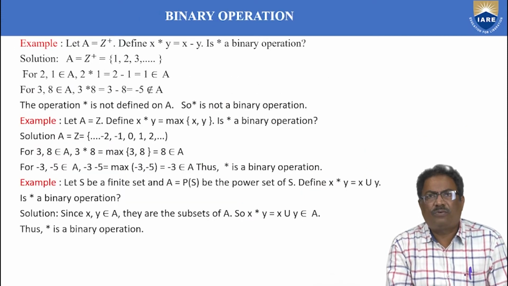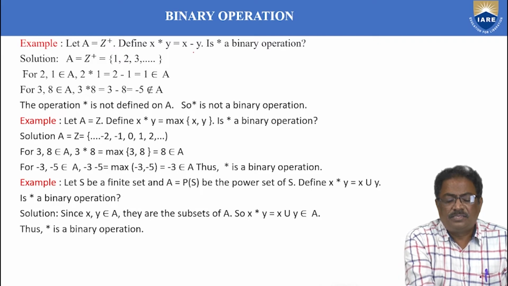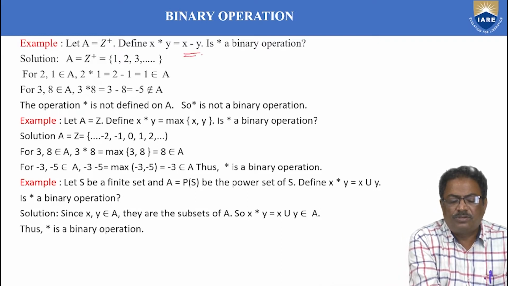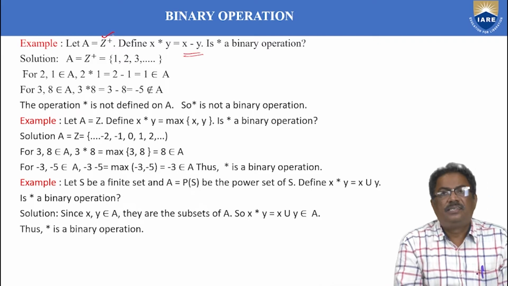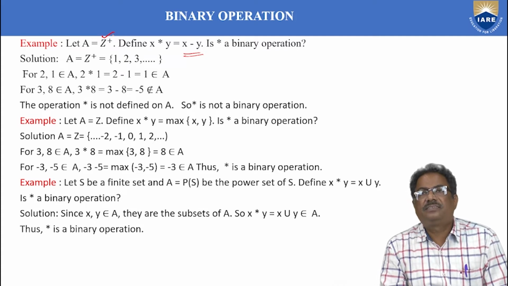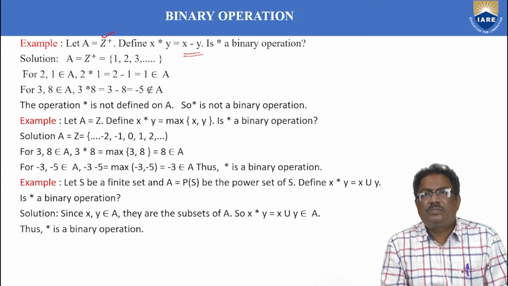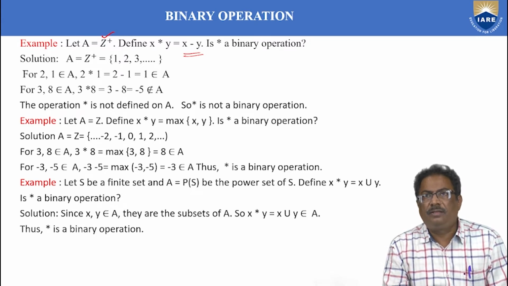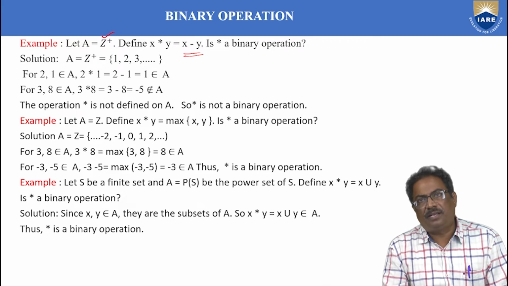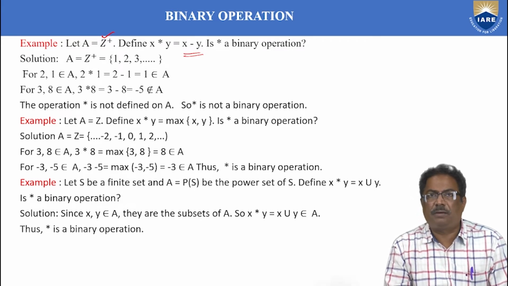Now let us go for the other one, where subtraction is used. A is the positive integer set. If I consider any two elements and the difference is a member of the set, then we can say that it is a binary operation. Otherwise it is not a binary operation.